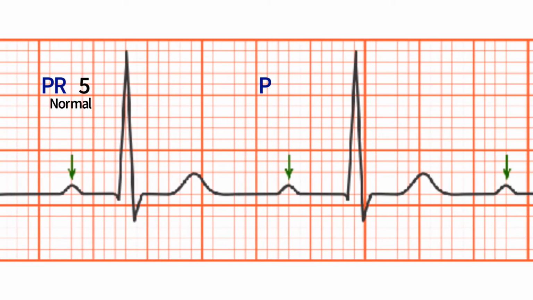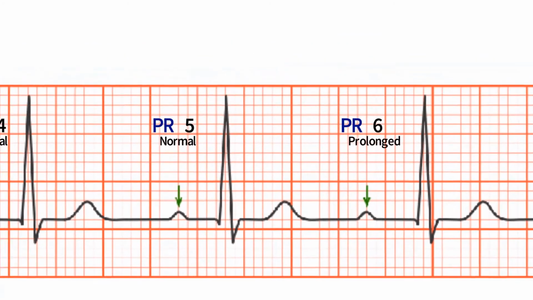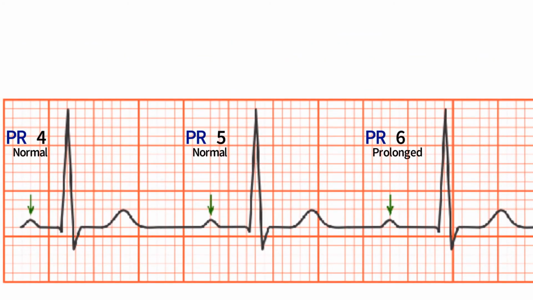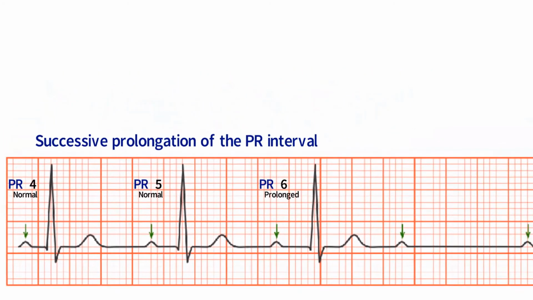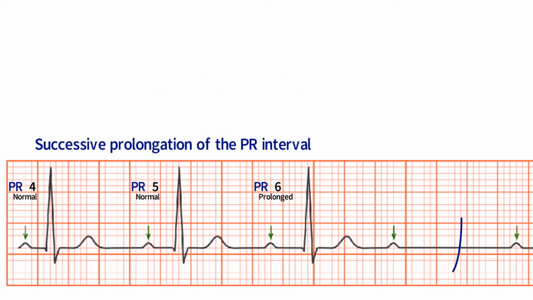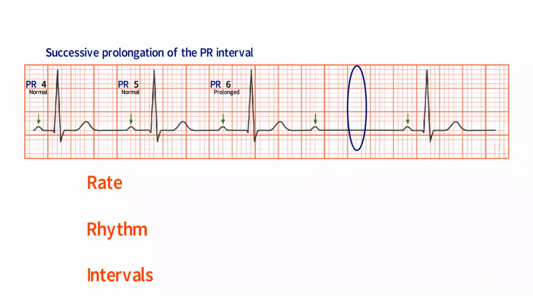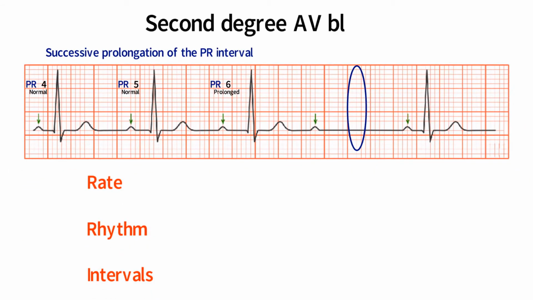Let's check the third wave. 1, 2, 3, 4, 5, 6. That's a prolonged PR. So what happened is we started with 4 boxes, and it became 5 boxes, and it became 6 small boxes. So this means that there is successive prolongation of the PR, and after that there is a dropped beat of the QRS. This patient is having a second degree AV block.